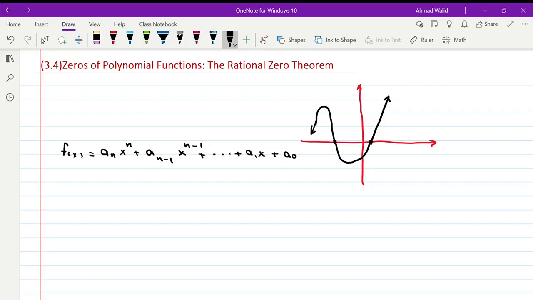We named a sub n the leading coefficient and a0 is your constant term, correct?